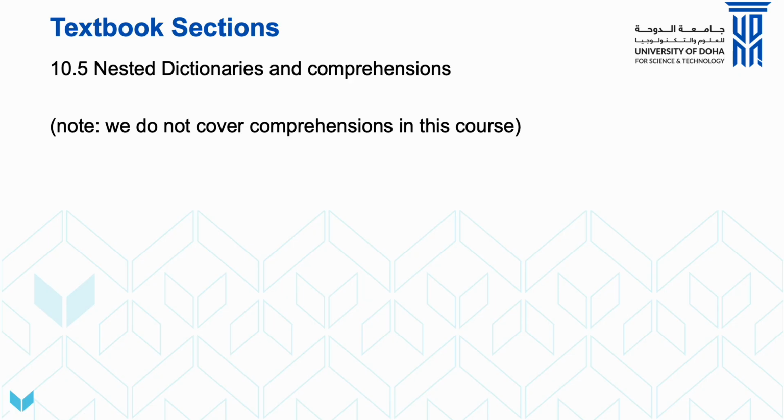So what are we talking about? One quick warning about the textbook. The textbook does have a section called Nested Dictionaries and Comprehensions. We don't cover comprehensions in this course, and we will not. They're really cool little shortcuts if you're really good at programming. They can make 5 or 6 lines of code turn into one completely incomprehensible line of code.